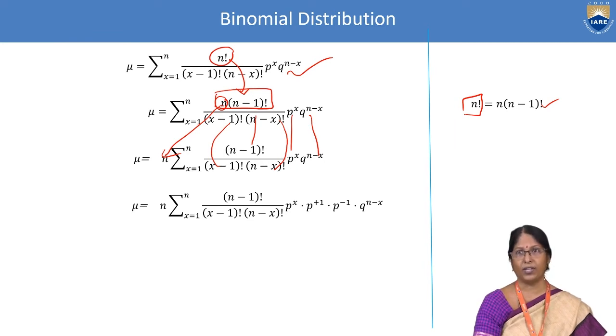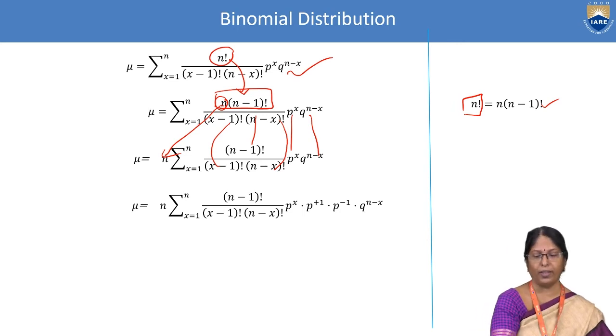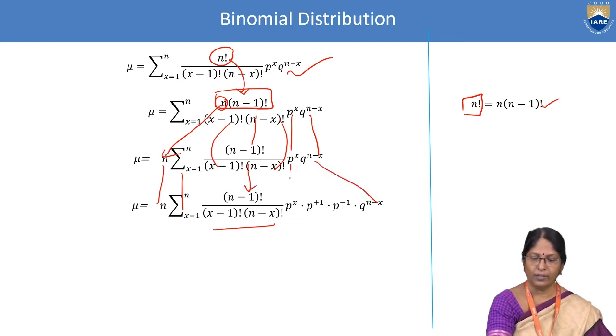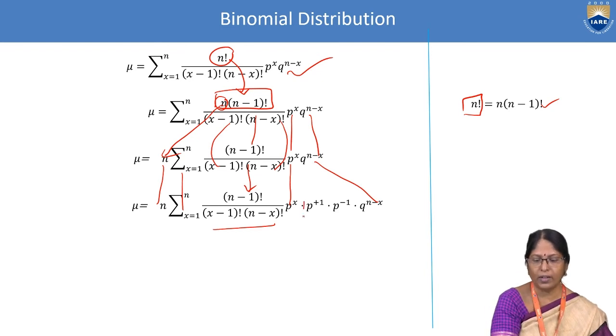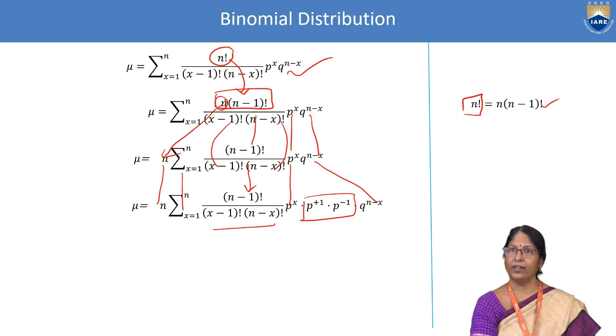Otherwise, we can't reach the target. Here, our target is to reach mu equal to np. That is our target. So, the next step, if you are noticing, n here, everything as it is, we wrote it.